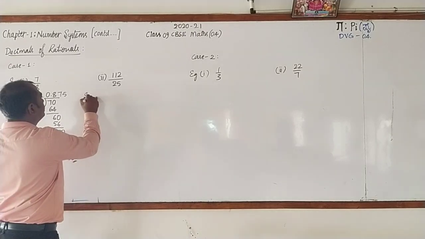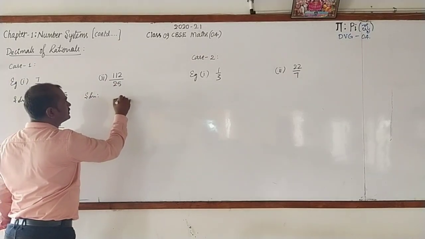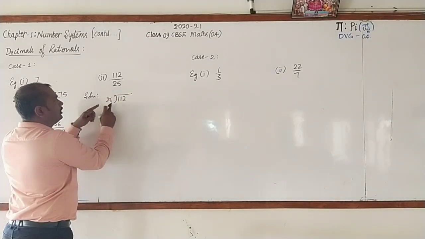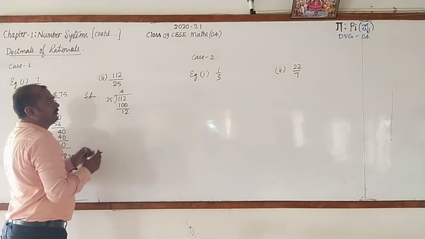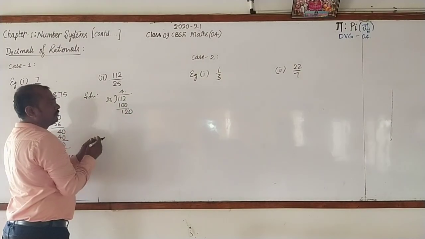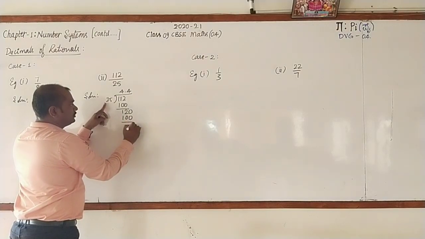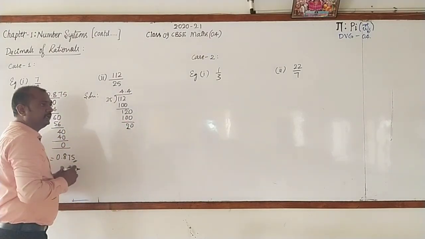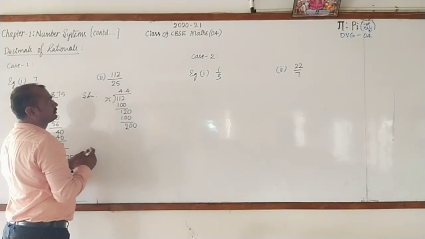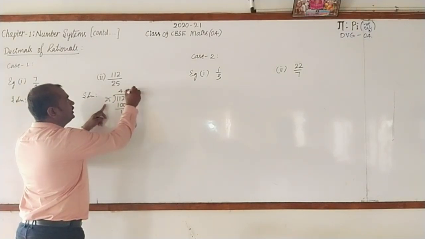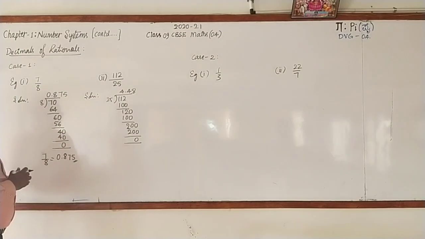Now, let us take one more, 112 by 25. Let us go for dividing this. 25 how much are? You can take 4s are 100. You get 12. Then put decimal, take 0. 25 how much are? Again 4s are 100. 0, then 2, it will be 20. Then further it is not possible. Take 0. Then 25 how much are? 8s are 200. Here also the remainder is 0.